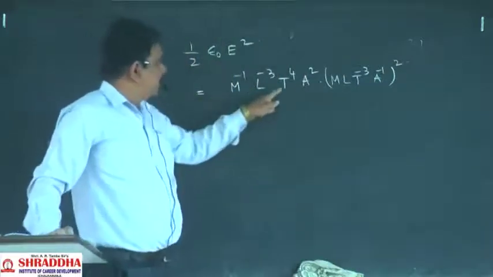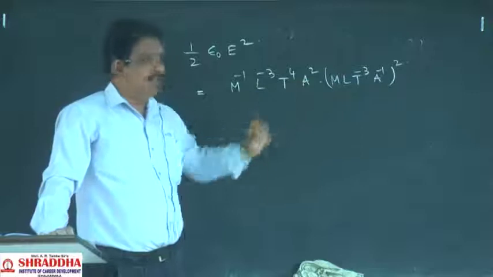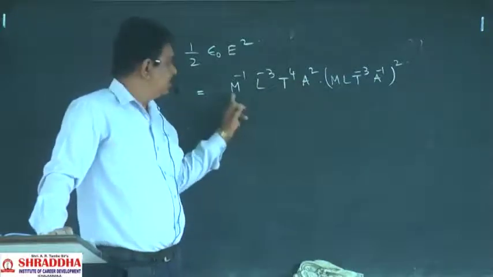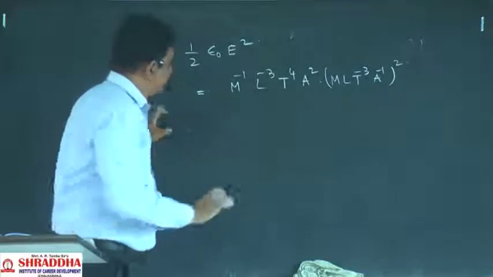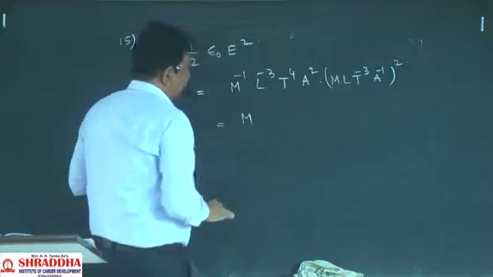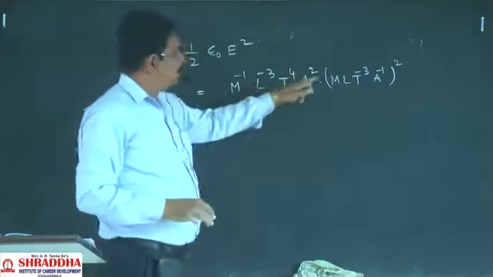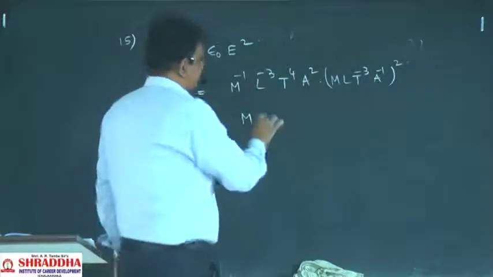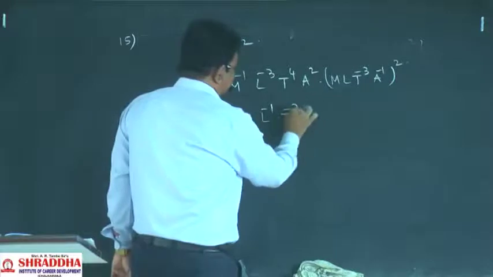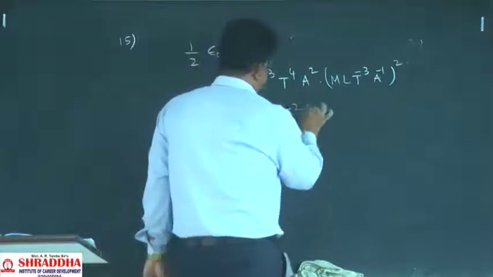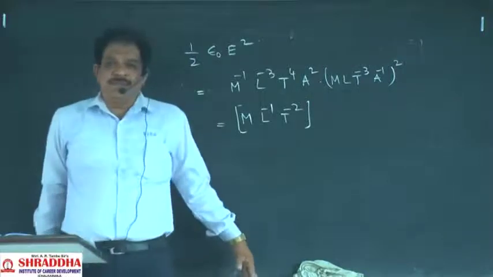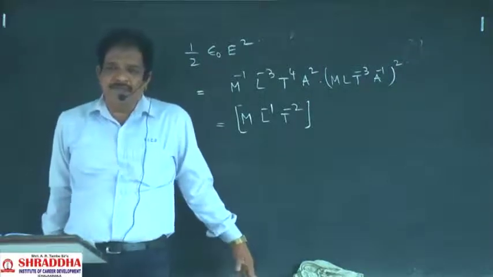This is the epsilon naught value, this is the E value, electric field intensity capital E. Then what we will get? M power minus 1, M square means M. L power minus 3, L square means L power minus 1. T power 4, T power minus 6 means T power minus 2. This means M L power minus 1 T power minus 2.